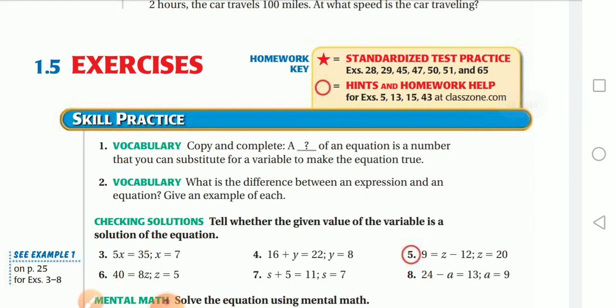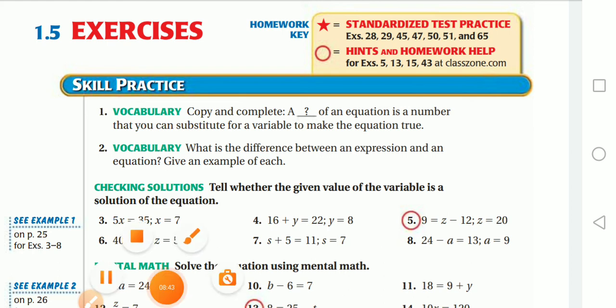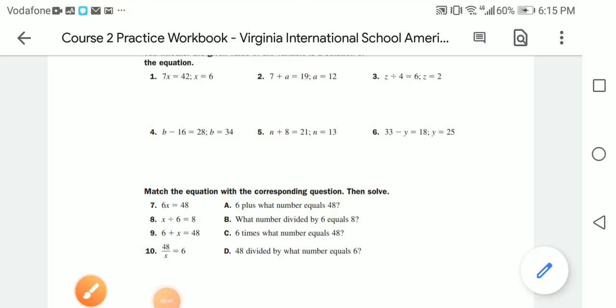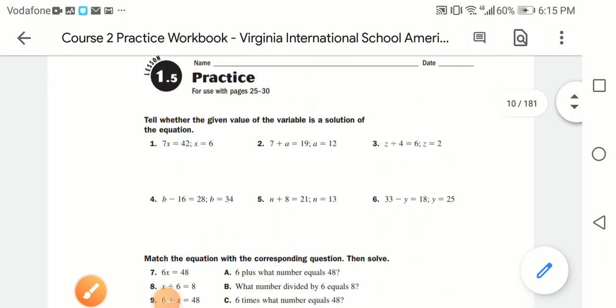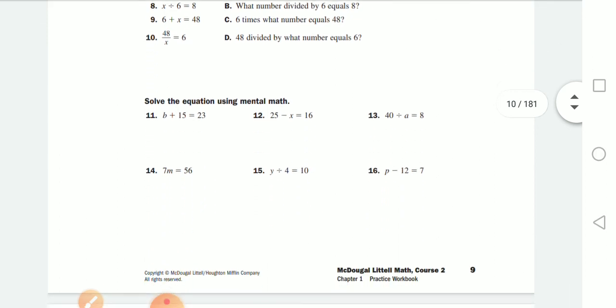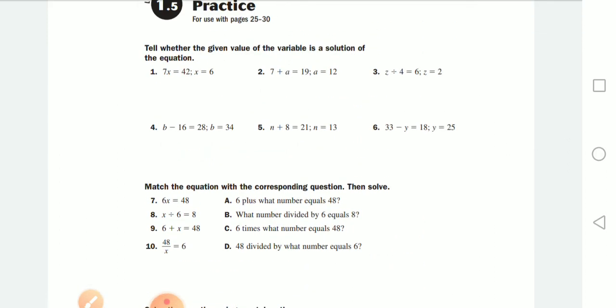Let's go now to the practice book and solve some of the exercises. Okay, dear students, here in the practice book, lesson 1.5, page 9. 7x equals 42, and x equals 6.